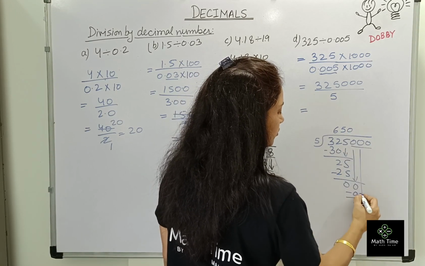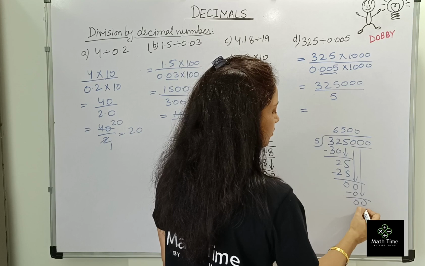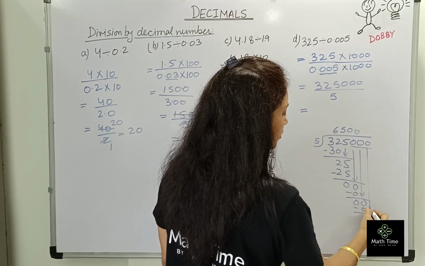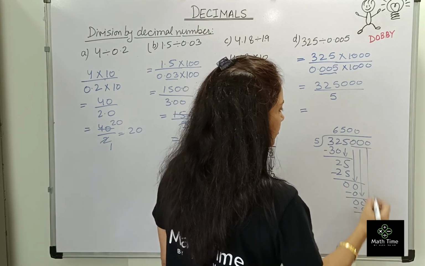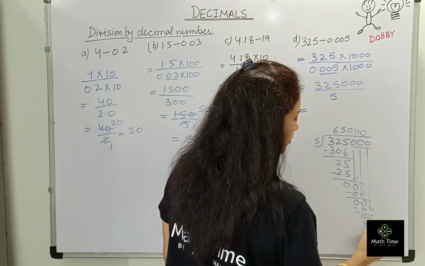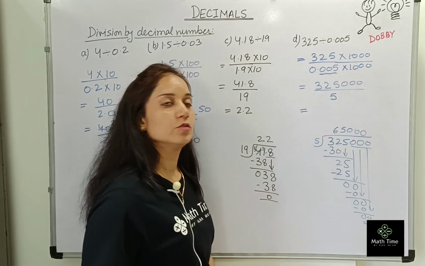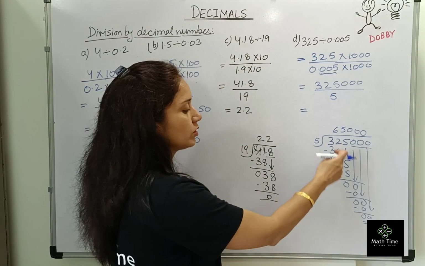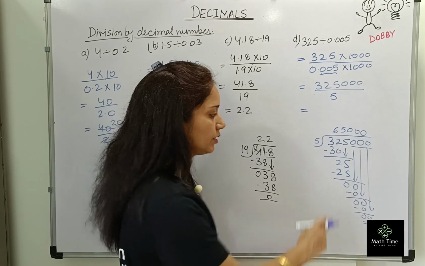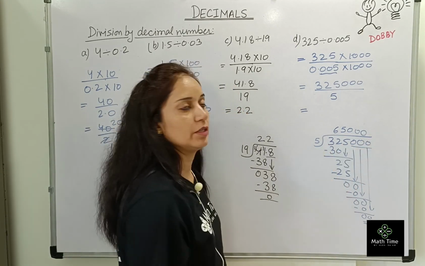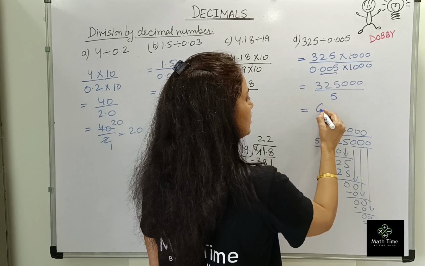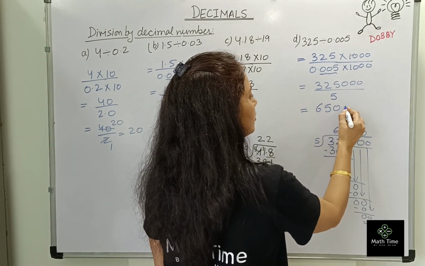Again next 0. Again next 0. Okay. So 3 zeros directly have come because after 25 only we got remainder 0 and 3 zeros were left. So answer is 65,000.